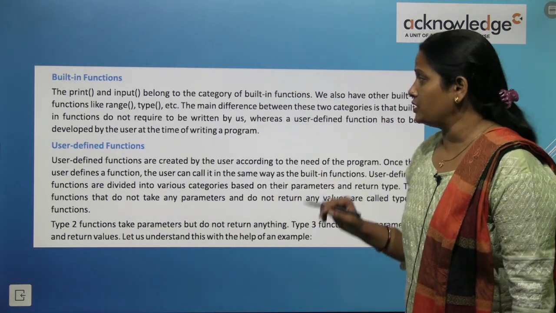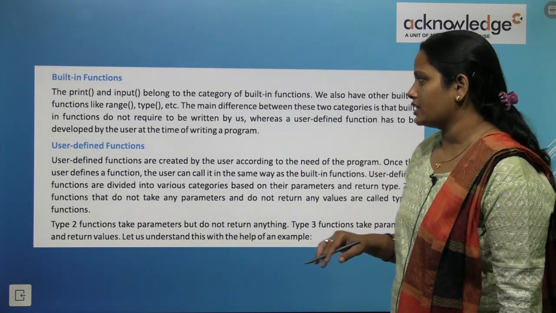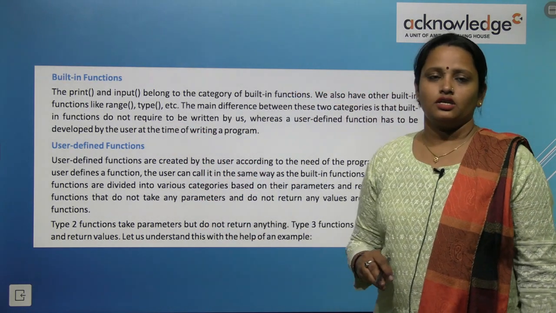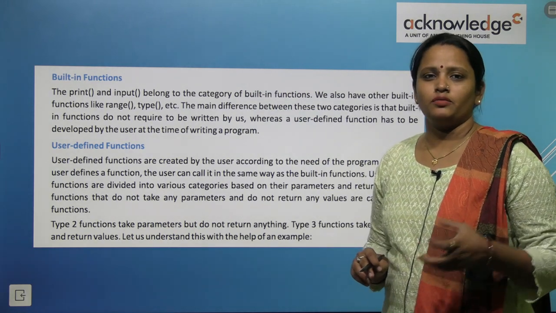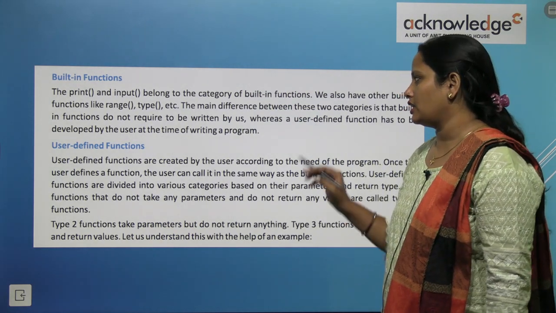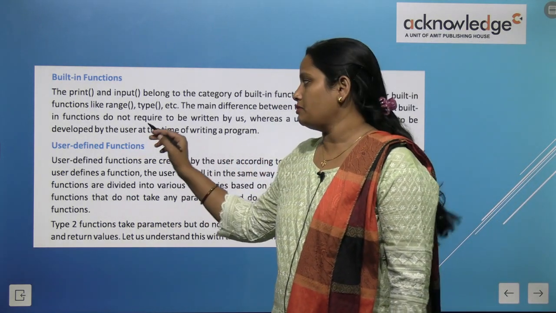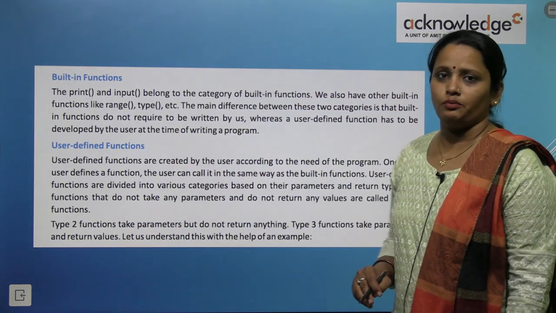The main difference between these two categories is that a built-in function is not required to be written by us. So built-in function हम नहीं लिखते, whereas a user-defined function has to be developed by the user at the time of writing the program.